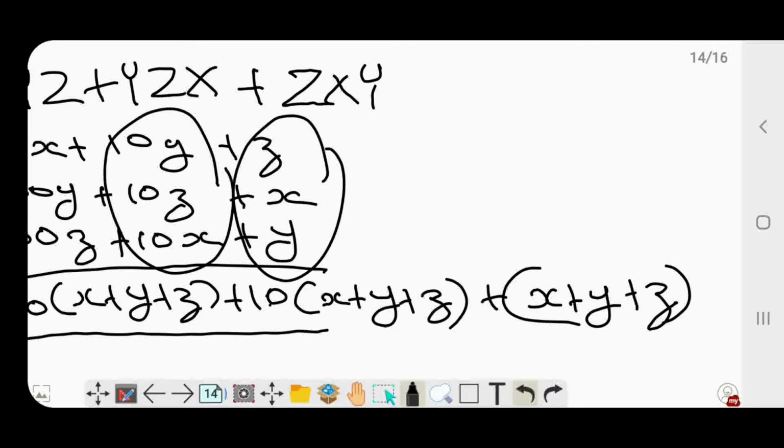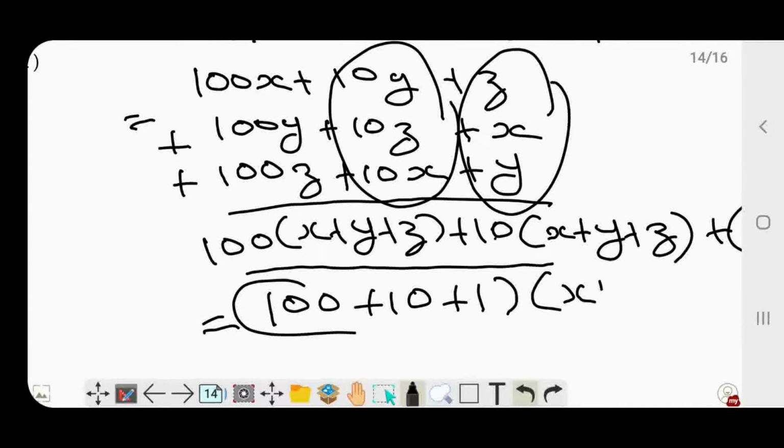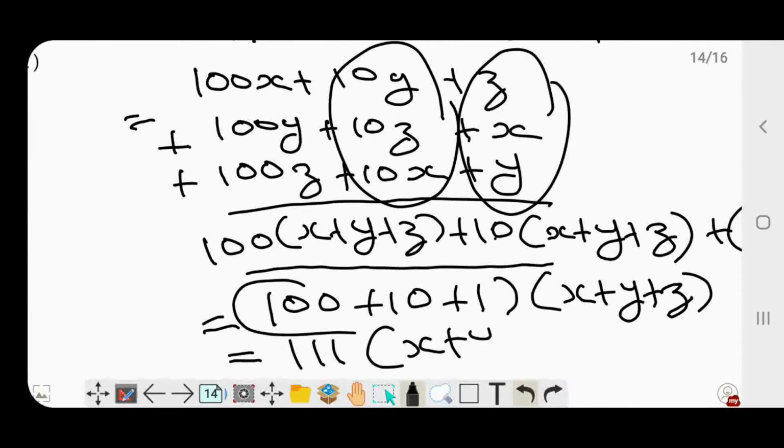Which in turn will be equivalent to (100 plus 10 plus 1) into (x plus y plus z), which is 111 into (x plus y plus z). So let's see with what we can divide this sum that we have got.